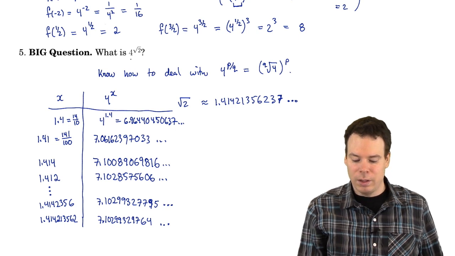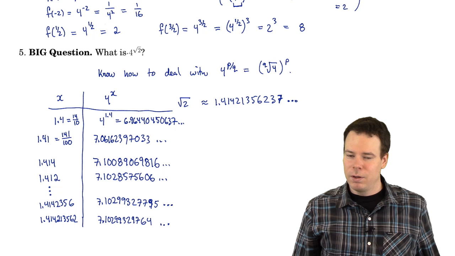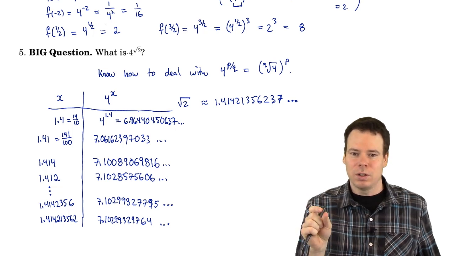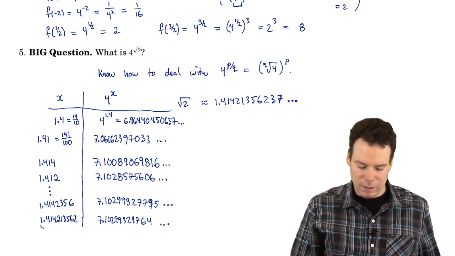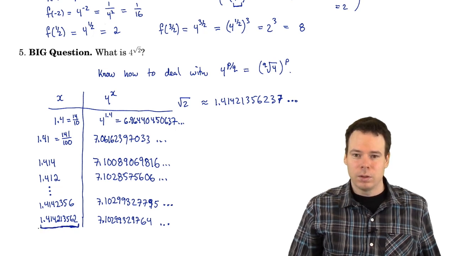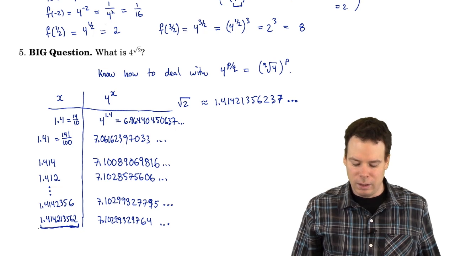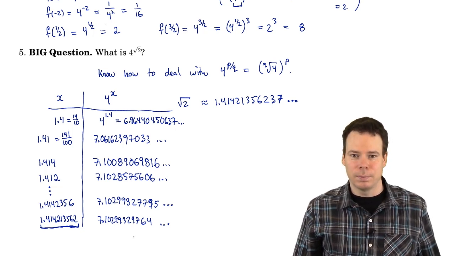If you think about what your calculator is going to do when you plug in 4 to the square root of 2, the very first thing it does is it takes an approximation of the square root of 2. It's going to use something like this to represent the square root of 2. So it's already taking an approximation of the square root of 2 as a rational number. And then it's going to work out the corresponding power of it and return to you this approximation.